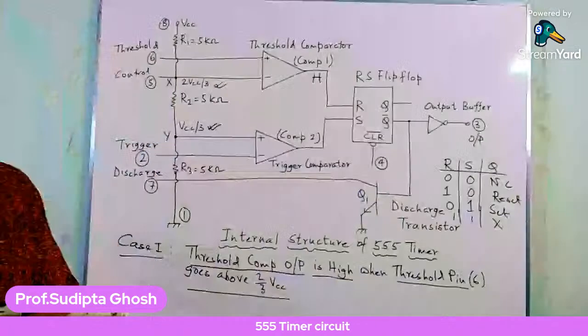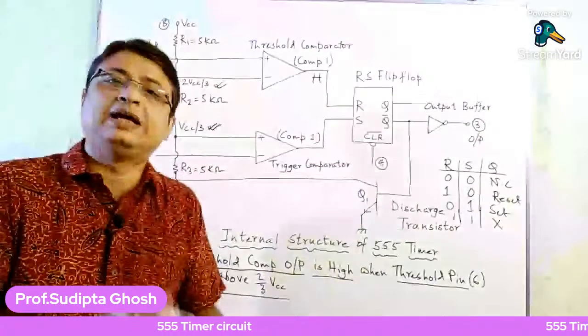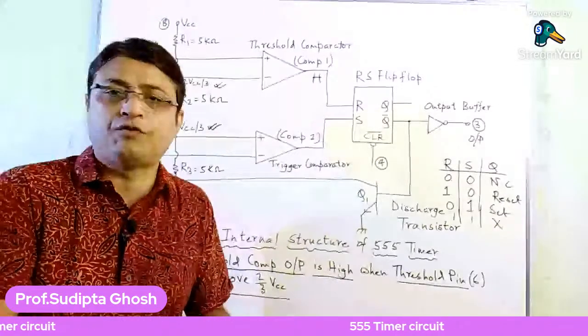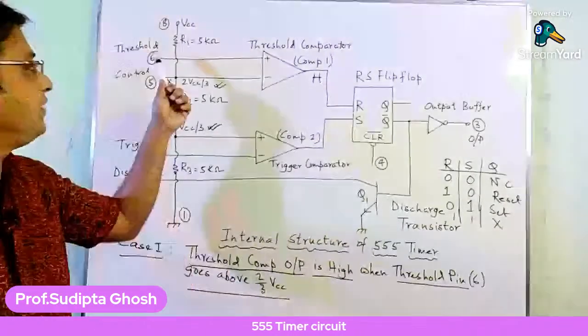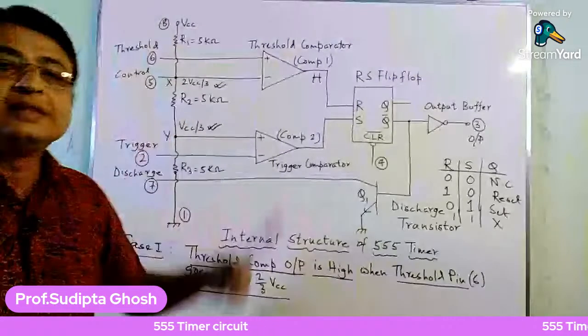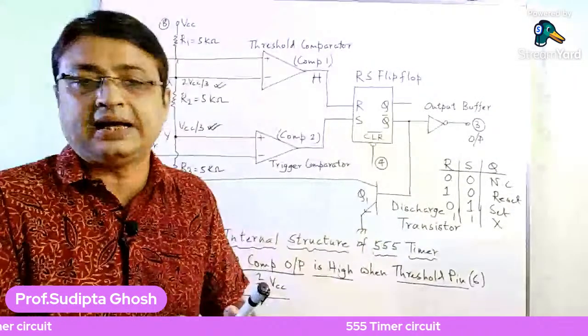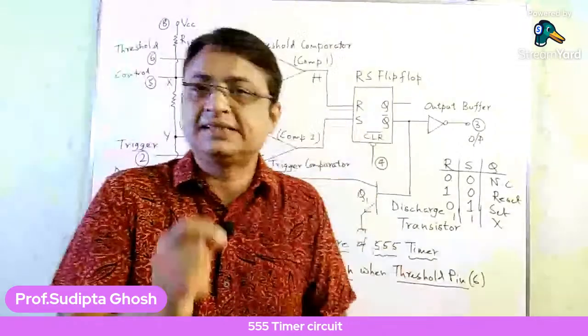So if you give a voltage of around 3.4 volts at the threshold pin, that means it is actually higher than the value of 2/3 VCC. So that is the value I am talking about.